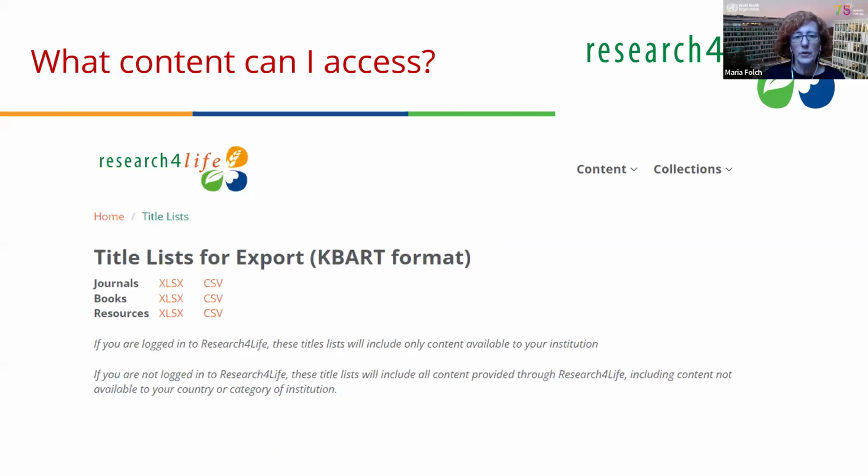If you click on title list, you go to this page, and you can export the list of journals, books, and other resources that are available. One thing: the information in the country offer page is open to everybody. You don't need to be logged in to access it.